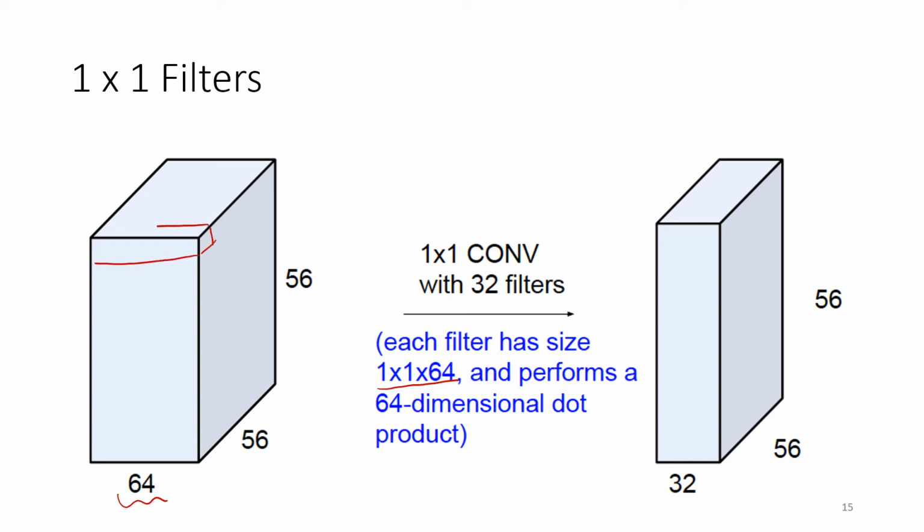So this is what we're looking at as one filter at this position, and this will get moved into different parts of this input. For each of those filters, we get again a 56 by 56 output, and because we have 32 of them, we will get as a result a 56 by 56 by 32 output. So each filter is performing a 64-dimensional dot product.